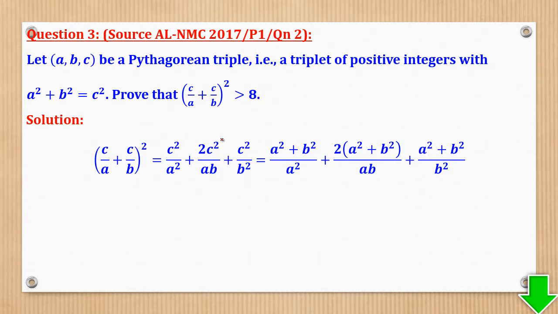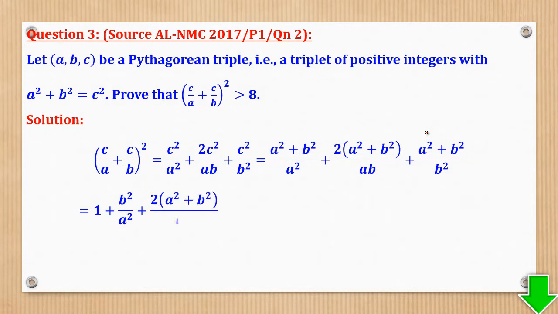After that, next is to remember that because a squared plus b squared is equal to c squared, I can replace c squared throughout with a squared plus b squared. Let's do that. So this one gives you this, and this gives you that.